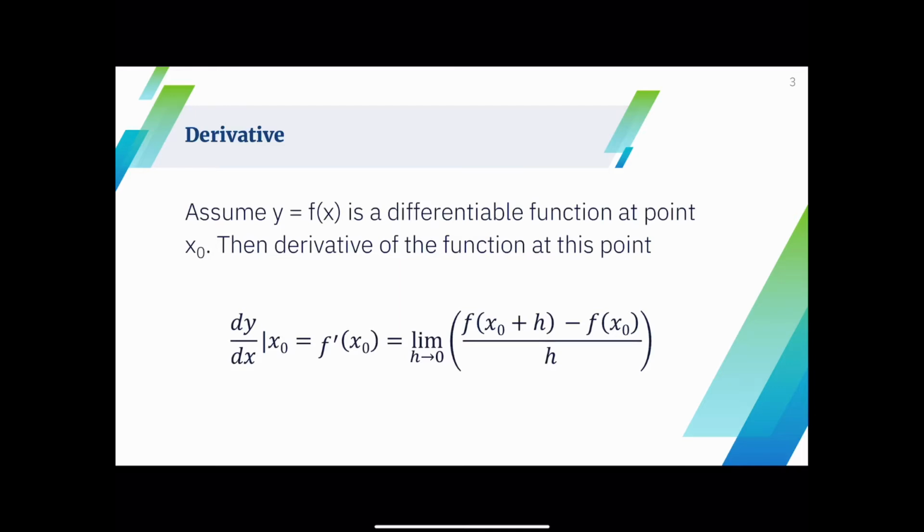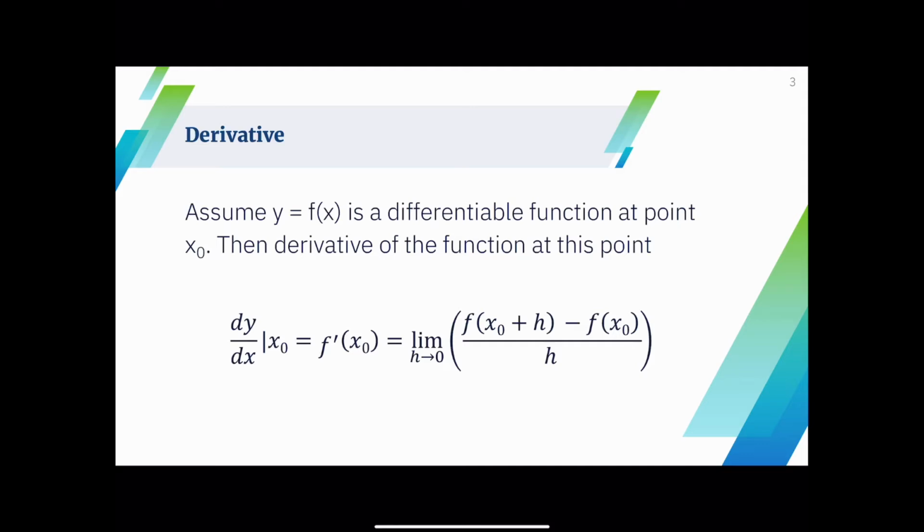To do that, we consider a very small change, that is h. Assume y = f(x) is a differentiable function at point x0. Then derivative of the function at this point is given by this equation.